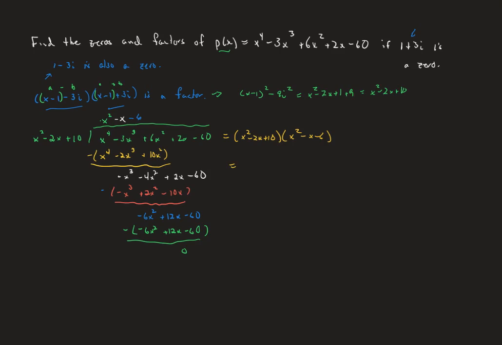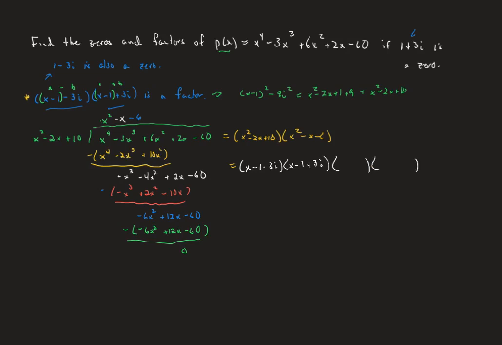We know that the x squared minus 2x plus 10 came from these factors up here. So I'm going to call that x minus 1 minus 3i, and x minus 1 plus 3i.